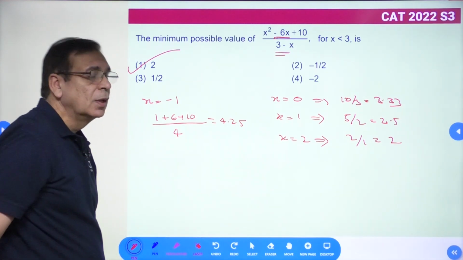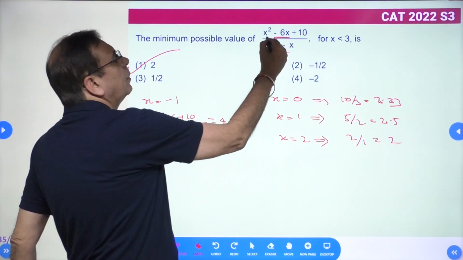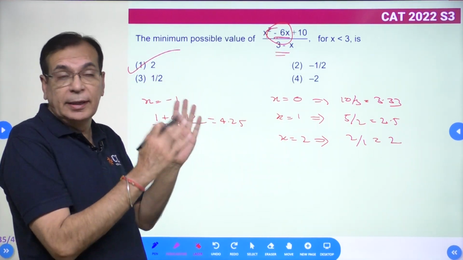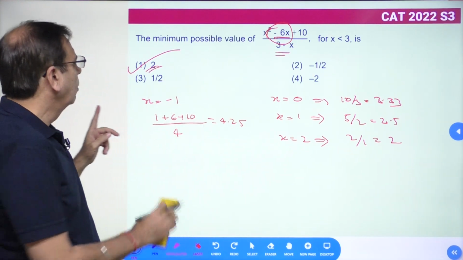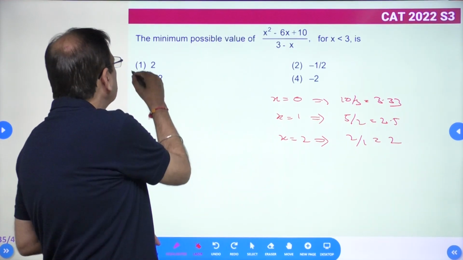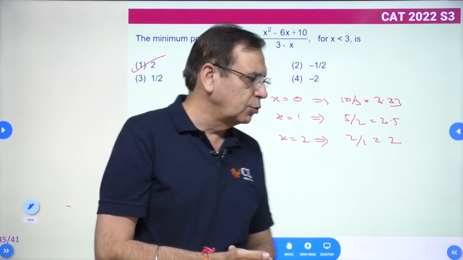It is increasing. So as x becomes bigger, this will also keep becoming bigger and bigger. If x becomes -3, -5, bigger in magnitude, this will become bigger. So my answer has to be only 2. Okay. Now this obviously means you need to practice this method of substitution, and you also need to look at the direction of movement. Otherwise, you will get confused.